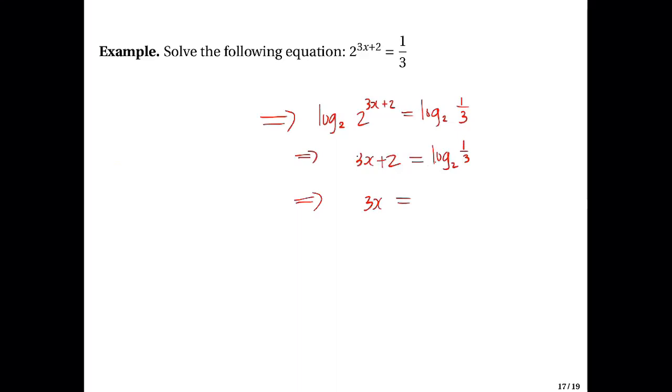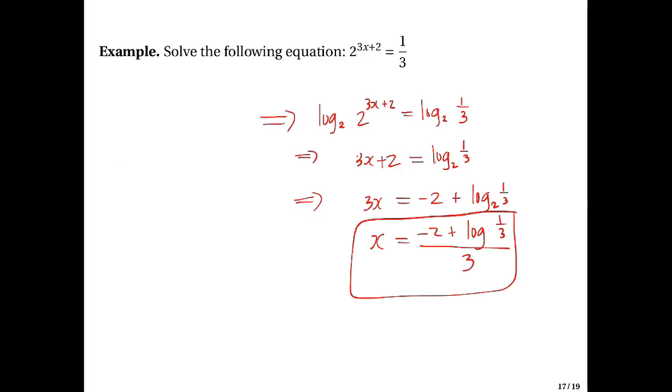So we have minus 2 plus log 1/3 base 2. And finally, x is equal to minus 2 plus log of 1/3 base 2, divided by 3. And this is our final answer. Oops, I forgot to write base 2 there. Now, this is the final correct answer.